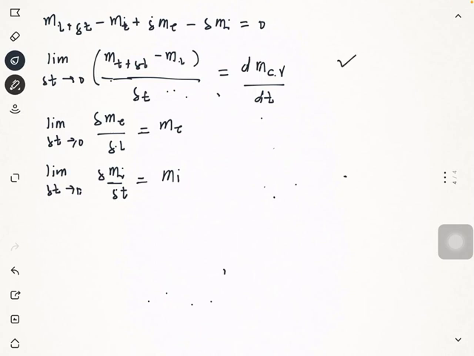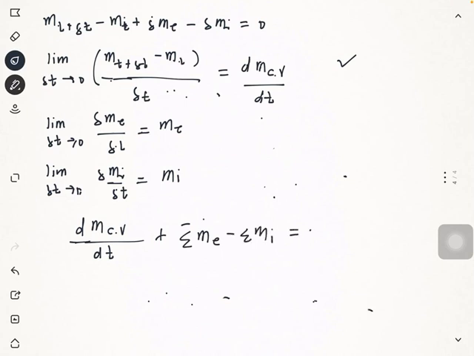So we have the differential of mass of the control volume with respect to time, plus the summation of mass that is leaving minus mass that is entering.